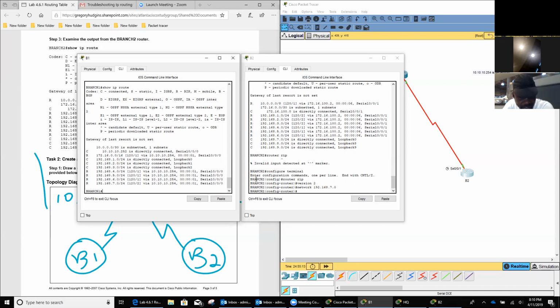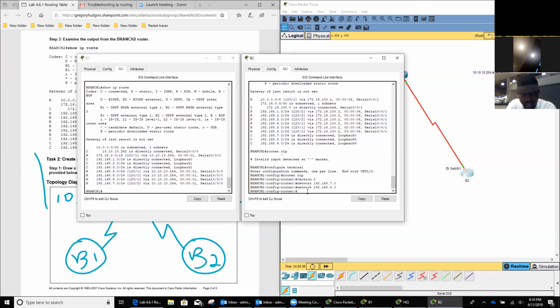All right, now do number 8. Do 192.168.8.0. Oh, so what you're saying is basically you need to add a network. Yep, so the other router can see it. As soon as you advertise it, as soon as you tell him about it, he learns about it.